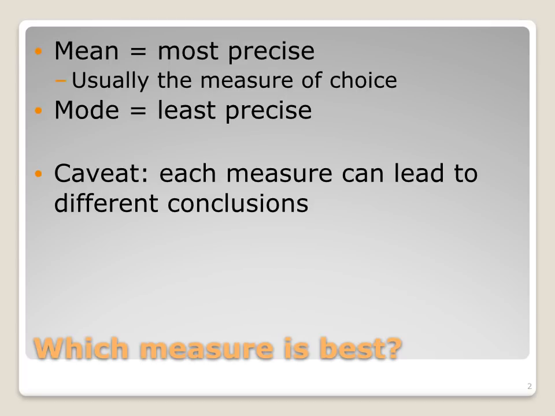Overall, particularly in statistics, the mean is a more precise measure than the median, and the median is more precise than the mode. This means that the most frequently used measure of central tendency is the mean. However, the different measures of central tendency can lead to different conclusions, so there are times when it is better to use one measure over the other. So rather than asking which measure is best, it is better to ask when we use each measure.